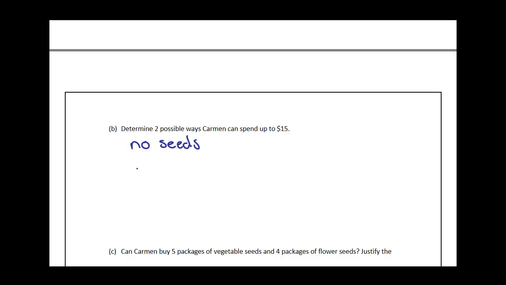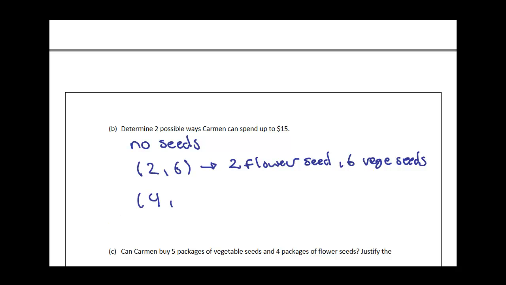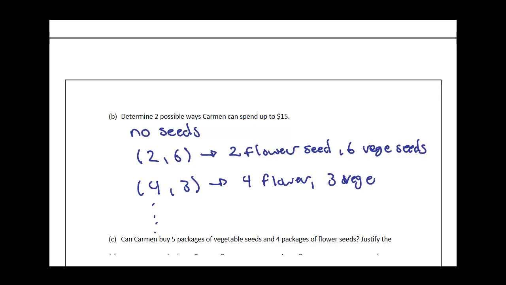Another example is 2, 6, where it means that she bought 2 packages of flower seeds and 6 vegetable seeds. Another example could be 4, 3. All satisfy her spending up to $15. There are so many choices that you can choose. These are just a couple examples.